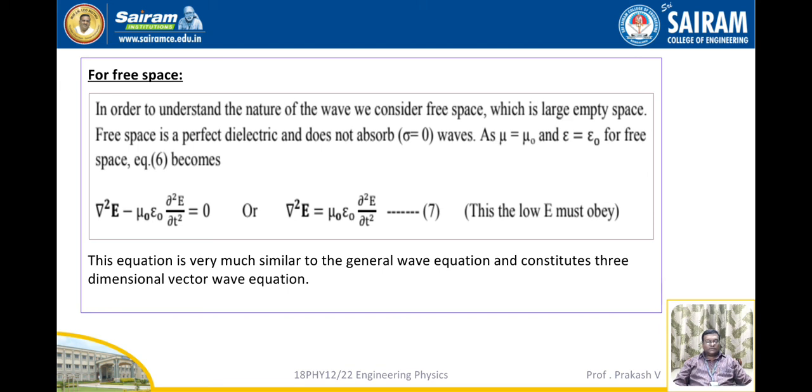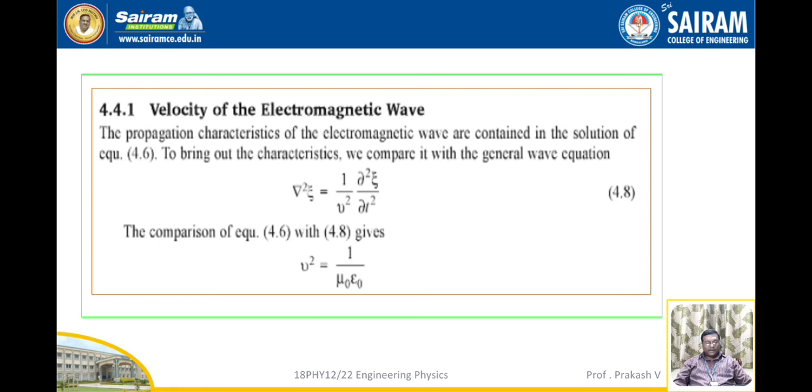Now I want to discuss the velocity of electromagnetic waves. The propagation characteristics of the electromagnetic wave are contained in the solution of this equation. To bring out the characteristics, we compare it with the general wave equation. So the velocity of the electromagnetic wave, v square, is equal to 1 by mu naught epsilon 0.